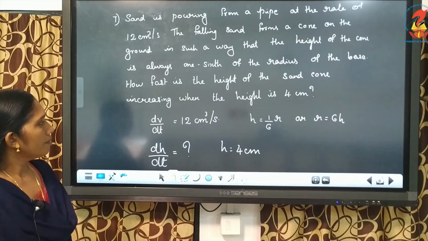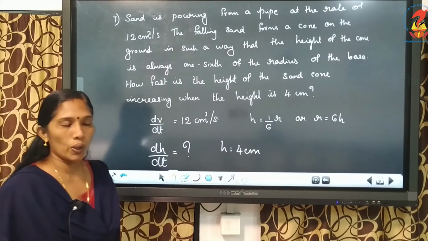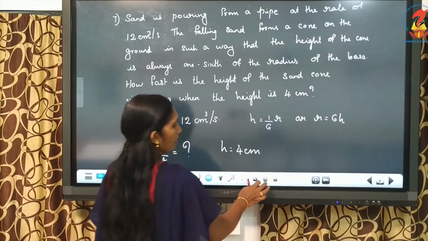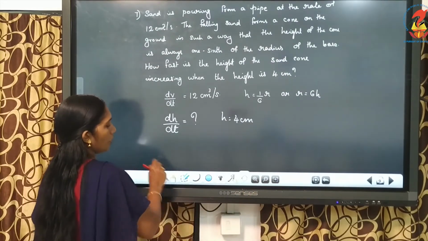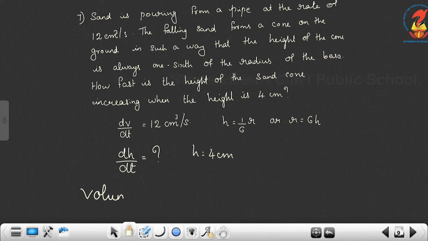Then it is about the cone. What is the volume of the cone? Volume of a cone is equal to 1/3 pi r square h.